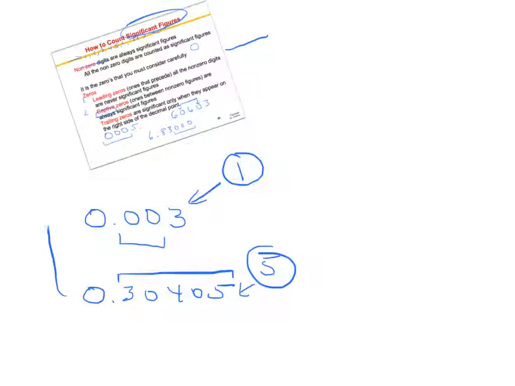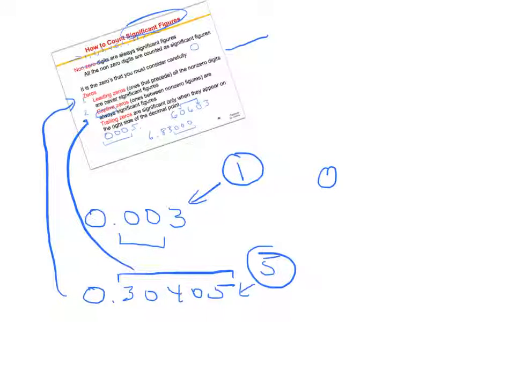Leading zeros are never significant. How about this number, 0.30405? It has 1, 2, 3, 4, 5 significant figures, because all of the captive zeros count, but the leading zero does not count. So all the captive ones count, the leading one doesn't count.